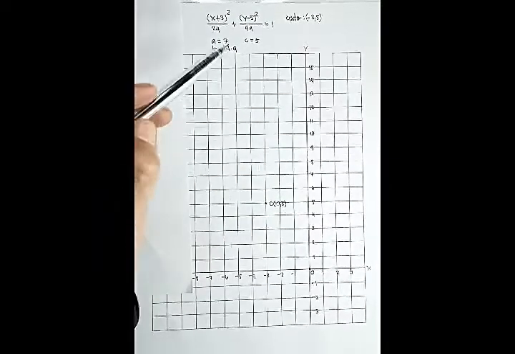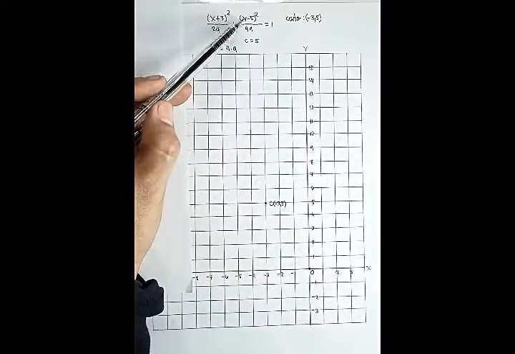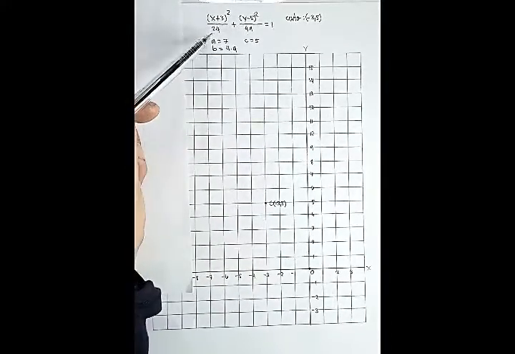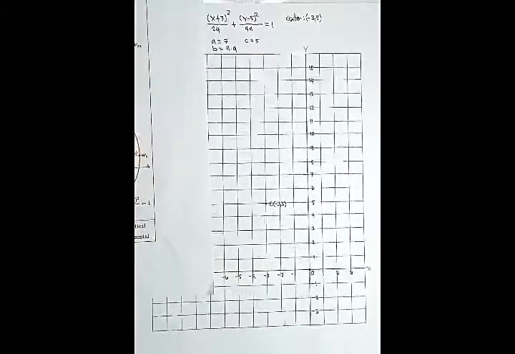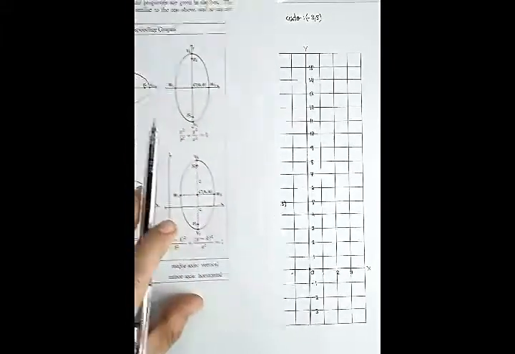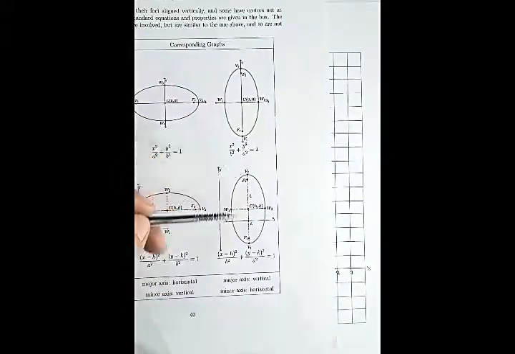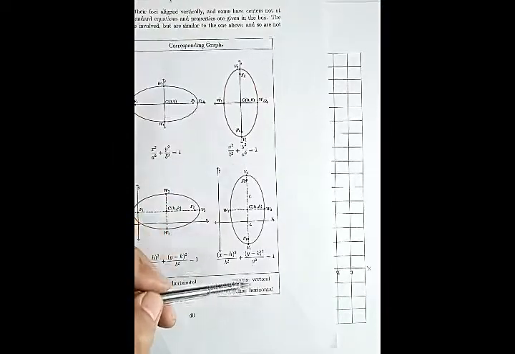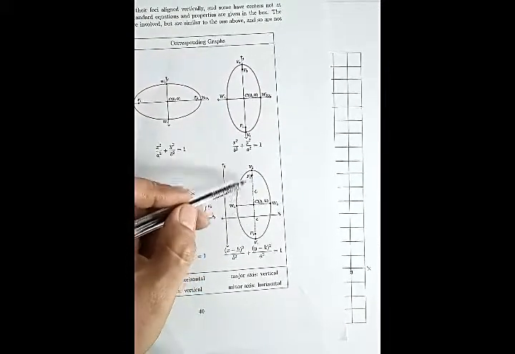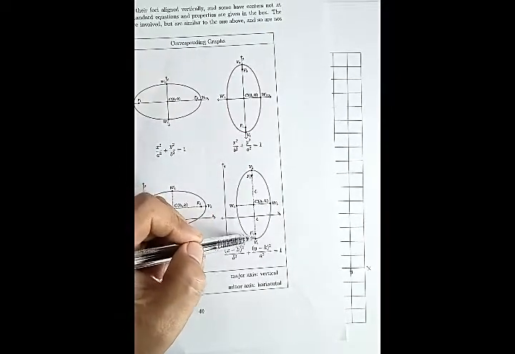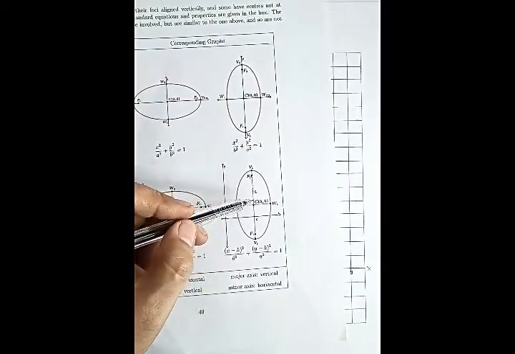So, mas dako man ning denominator sa y part, 49 compared sa 24. So, ang atong ellipse is major axis nato is vertical, minor axis is horizontal. So, kani siya atong V1 and V2.